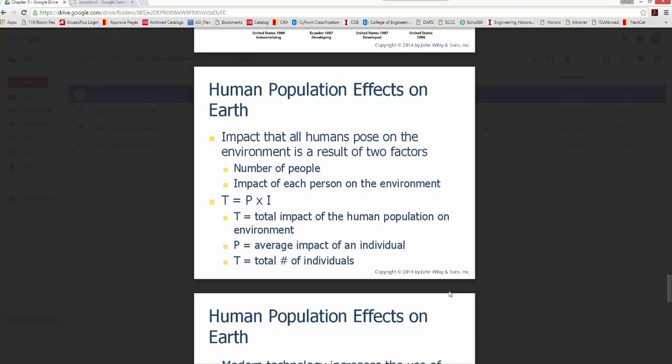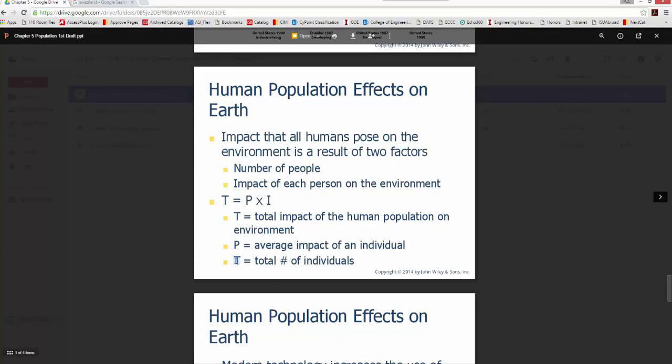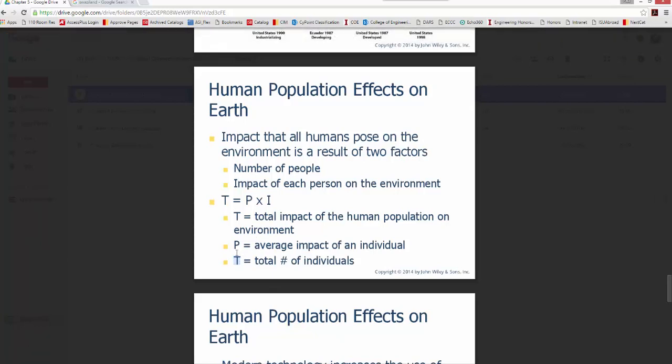So for instance, driving cars that burn fossil fuels kicks out a lot of CO2. We leave a carbon footprint. We'll talk about that later in this course when we get to global climate change. But we each leave an imprint on our environment. And if we multiply that, this actually should be I and not T. That's a mistake on my part. I is the total number of individuals.